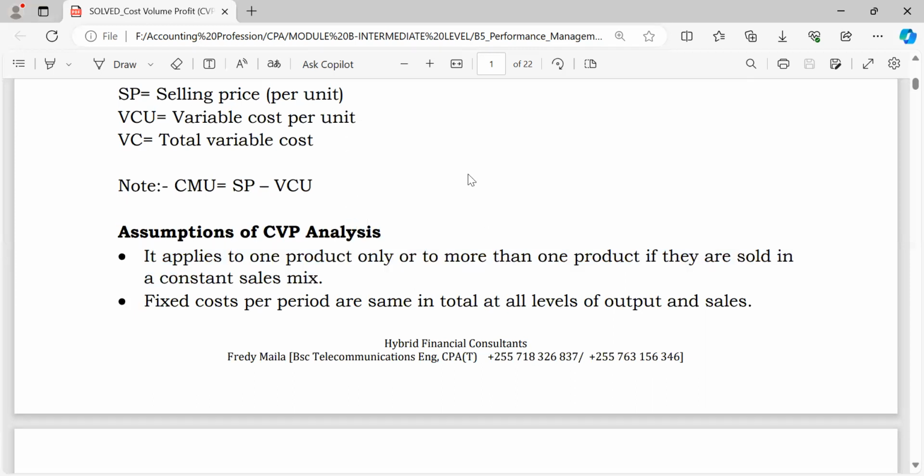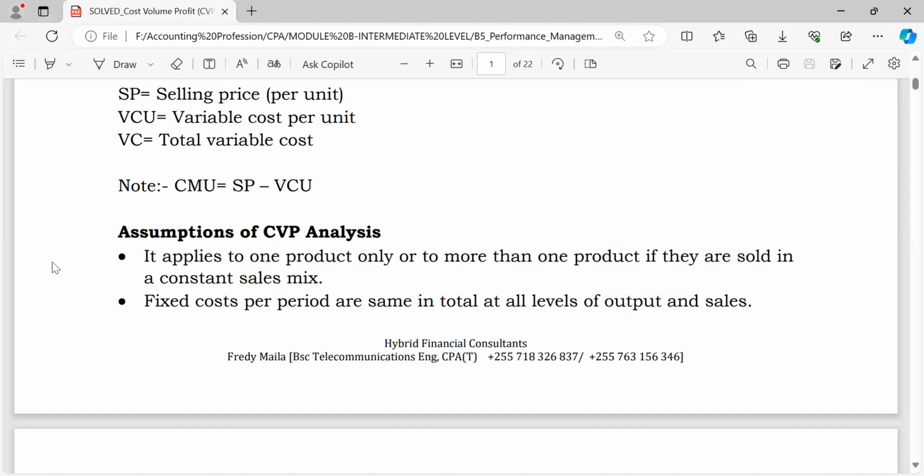It either makes one product or buys one product, right? But later on, we'll find out that it is possible to apply CVP when the company has more than one product, let's say 2, 3, 4, or more products, right? But in that way, we say that they are sold in a constant sales mix, meaning that these products are sold at a common ratio, either in terms of units or in terms of sales revenue, right?